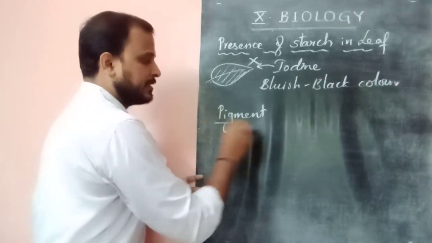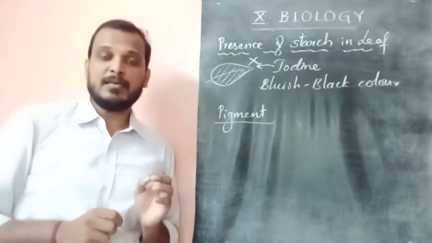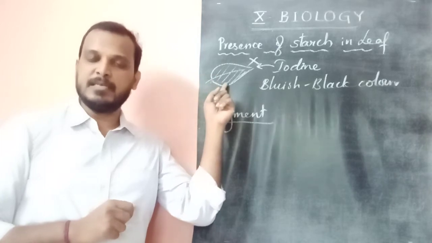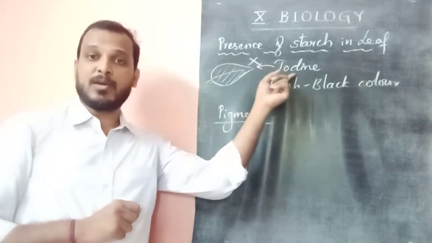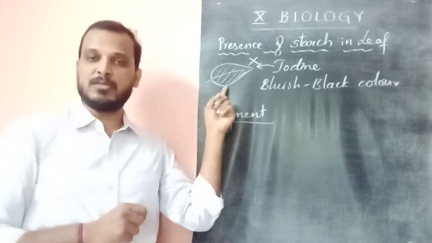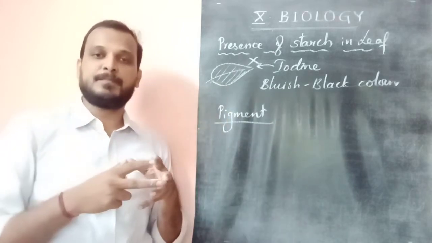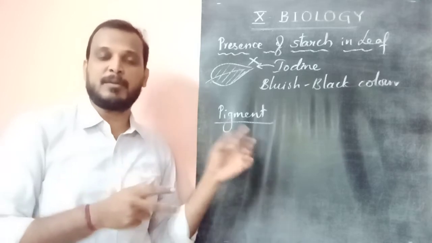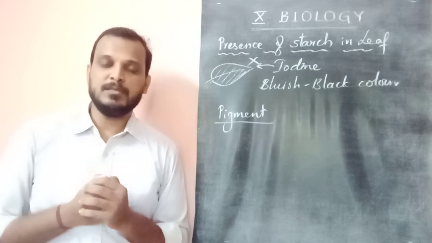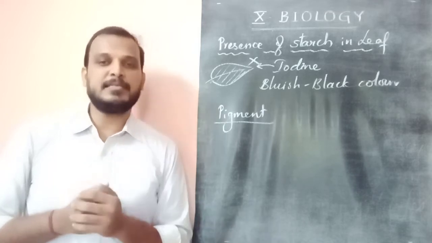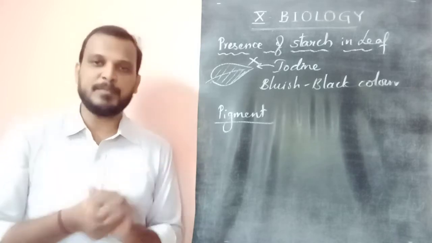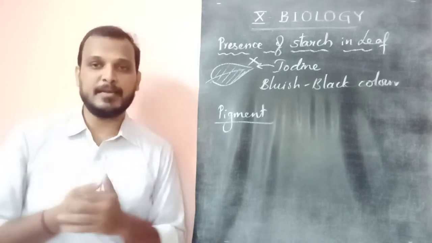I am telling you that iodine can test the presence of starch in a leaf. Yes, starch is present in the leaf, but iodine cannot directly react with the starch inside because there is a barrier in the middle, an obstruction called pigment. So what does pigment mean? Pigments are coloring substances in living structures. Skin has a pigment called melanin.